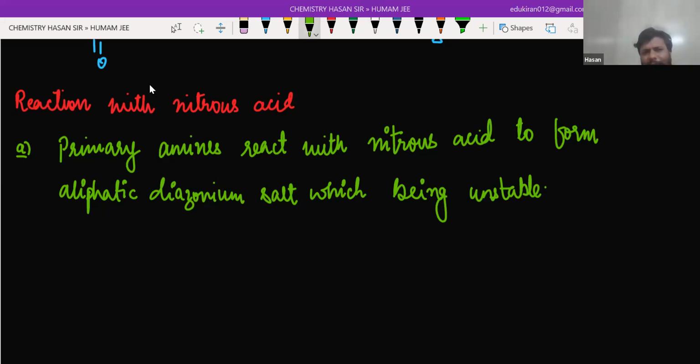So basically, aliphatic diazonium salt. Diazonium is basically N2 plus. It is a functional group, connected with any ring or any alkyl group, that is your diazonium. And aliphatic diazonium is generally unstable.